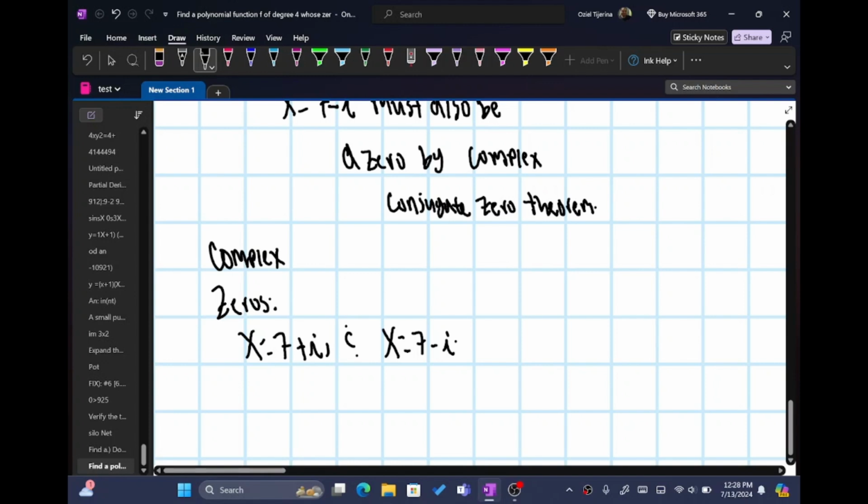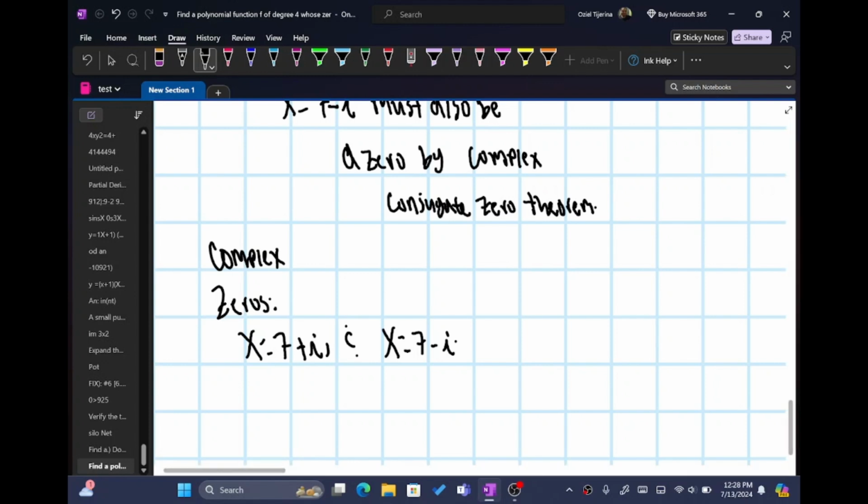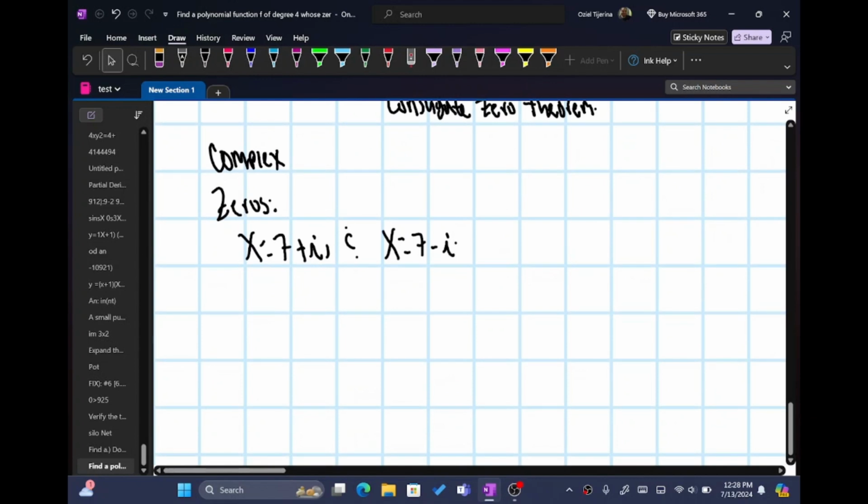Now, this part of the problem is tricky. We know that if x equals a is a zero, then x minus a is a factor of f of x.